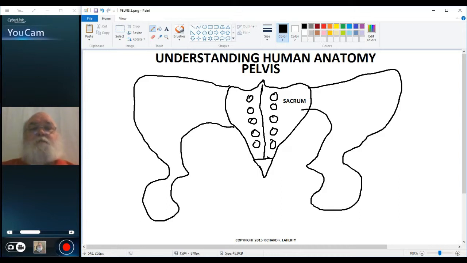Like so. I'll even up the two sciatic notches. Adding some labels here.